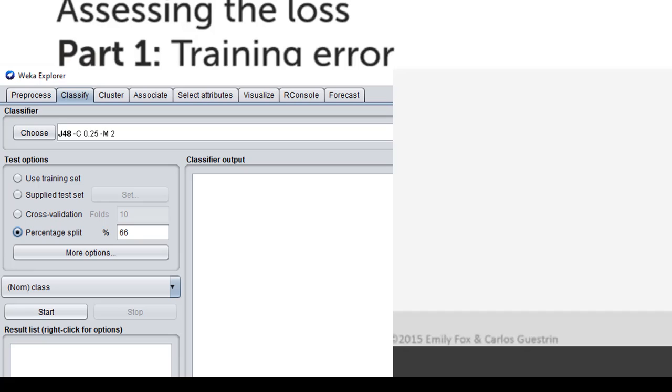Now let's think about the percentage split. Instead of cross-validation, which is a little bit more complicated and won't help us right now. So when we use percentage split, I think usually the split is 66%. So when it gives us that result, maybe 60% or something like that was the accuracy.